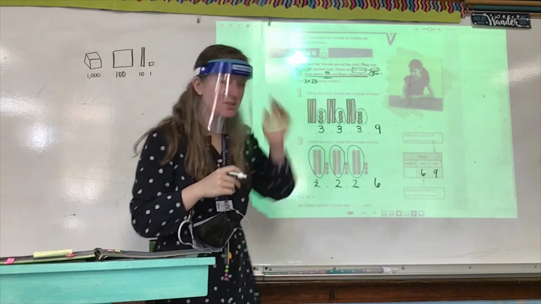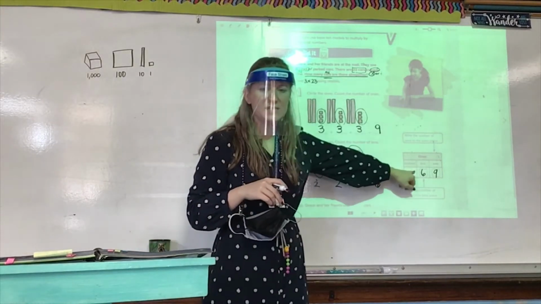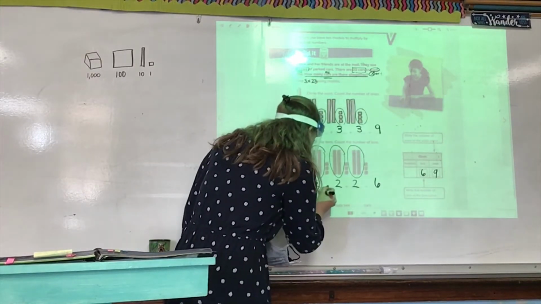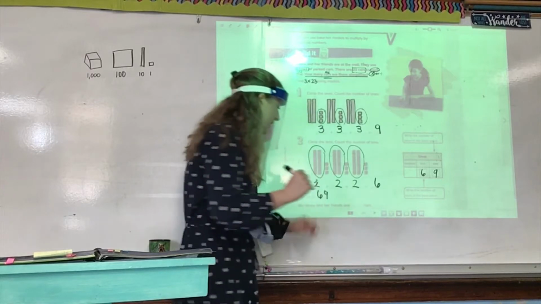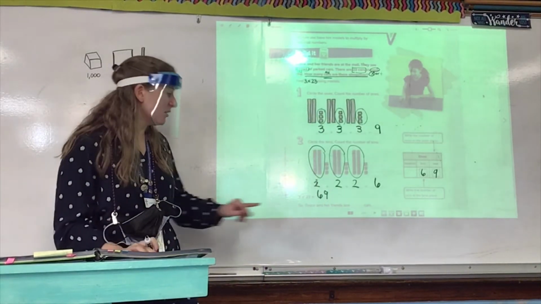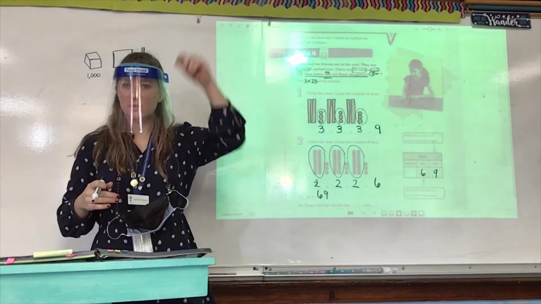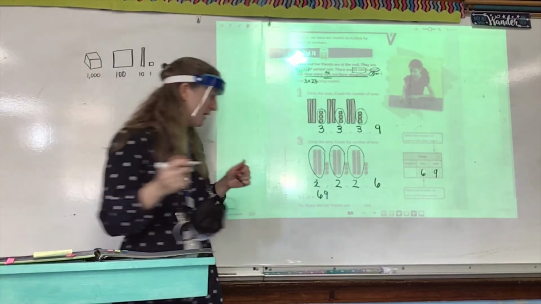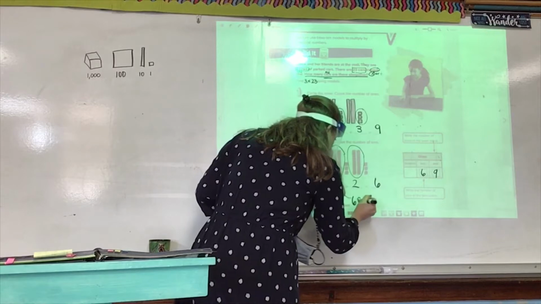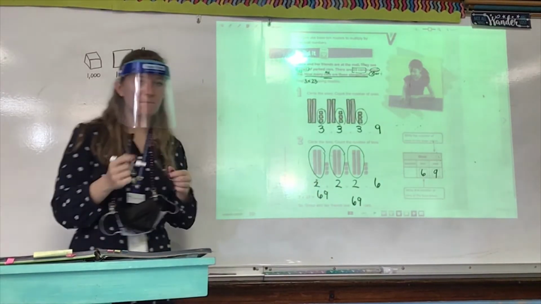I heard somebody say 26, but it's not 26, it's 69. So 3 times 23 is 69, which meant Grace and her friends see how many cars, class? 69 cars.